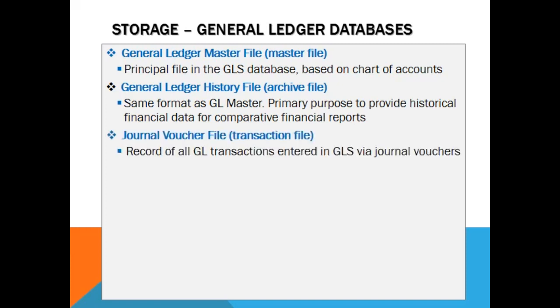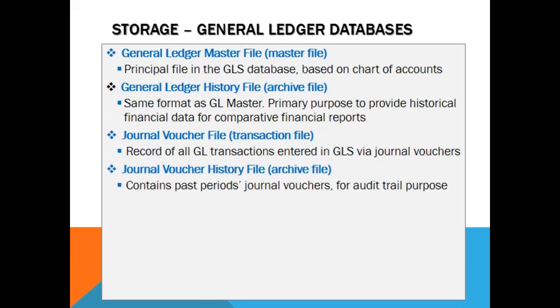Your journal voucher file is a transaction file which records all GL transactions that are entered into the GLS via journal vouchers. So in this instance, it's your manual entries. And the history file basically contains all the past years' and past periods' journal vouchers, which are actually for audit trail purposes.